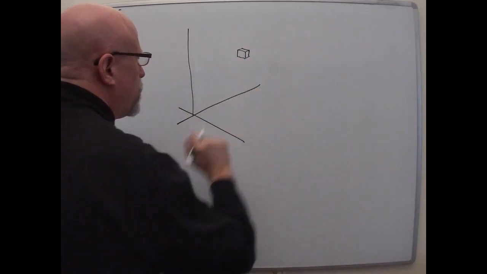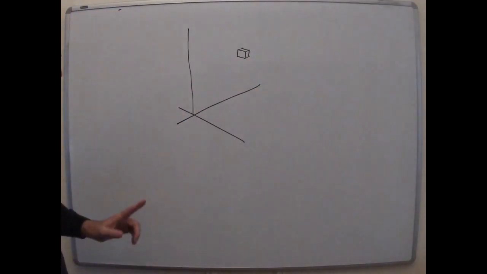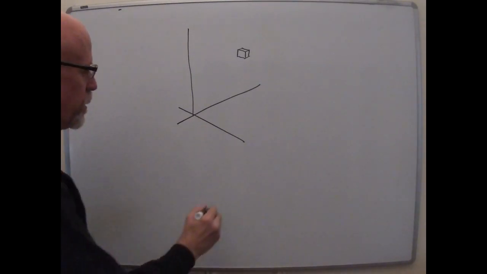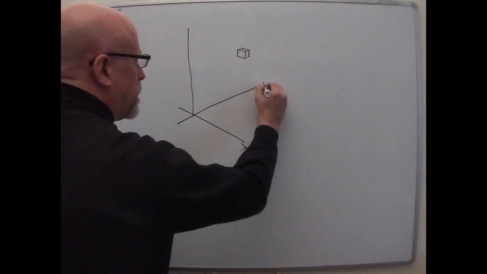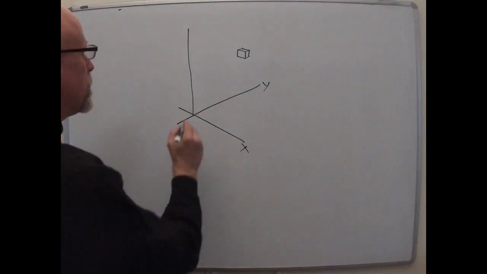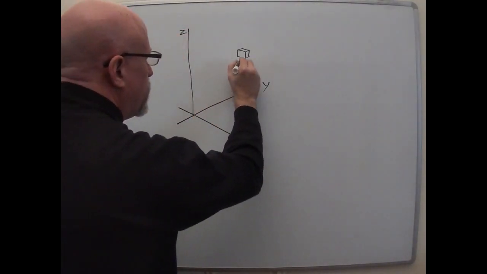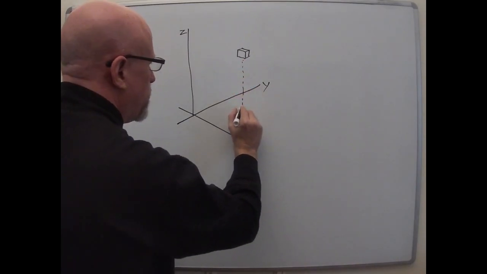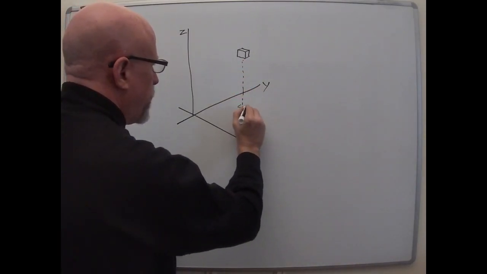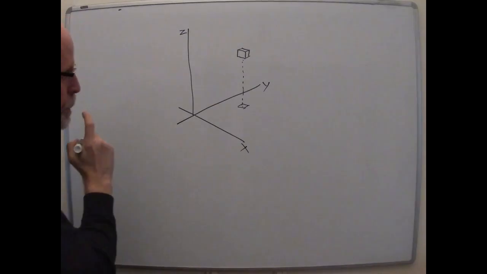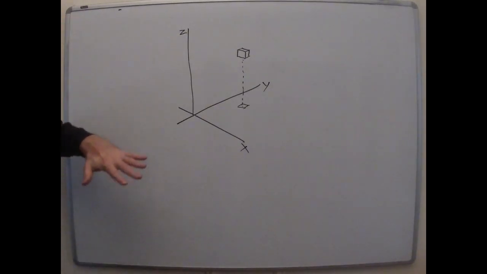Trying to picture a little dx by dy by dz cube, but it's somewhere up there in the first octant. So here's the x-axis, there's the y. That was kind of going away from us. Z is up here. If I drop this guy down onto the plane, its shadow would be right there. And that's actually probably the first picture to look at.